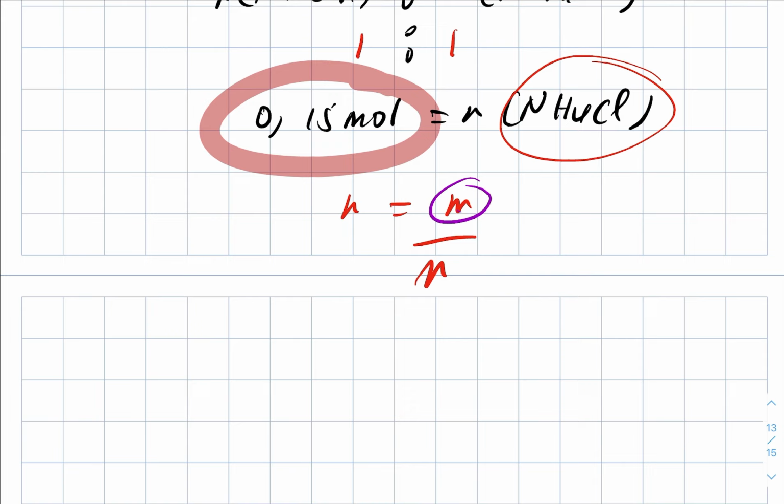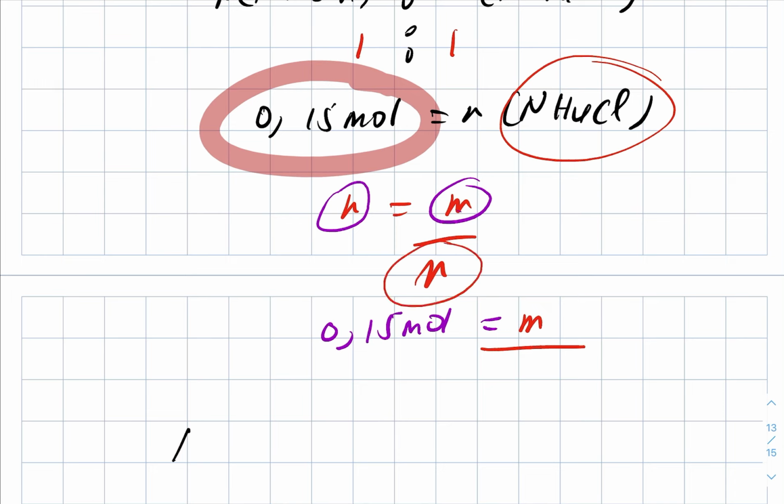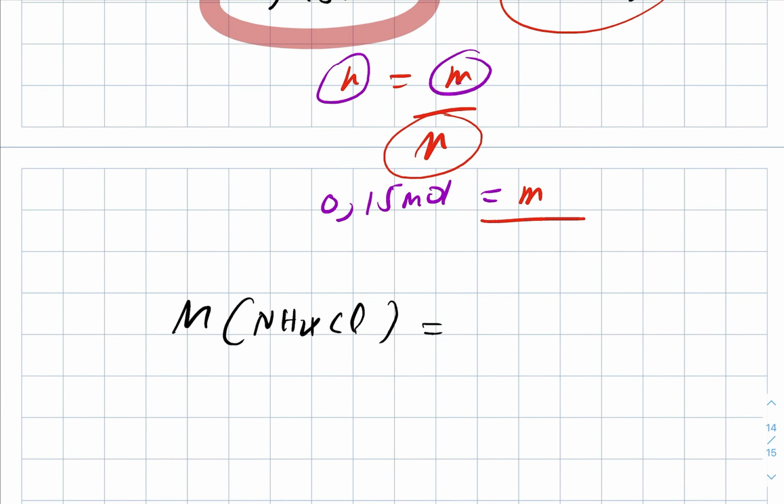All right. So I do know the number of moles is 0.15 mole, equals the mass divided by the molar mass. Again, the periodic table. The molar mass of NH4Cl will be found in the periodic table. We just look for the relative atomic mass of each and every element in the ammonium chloride compound.